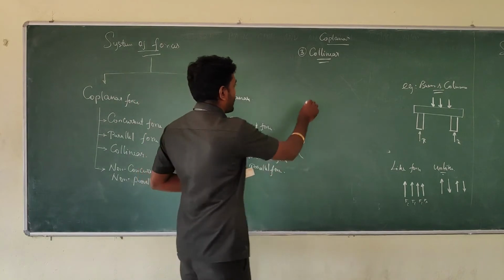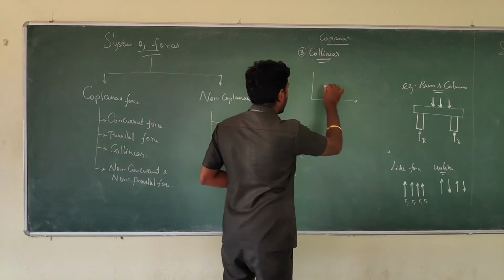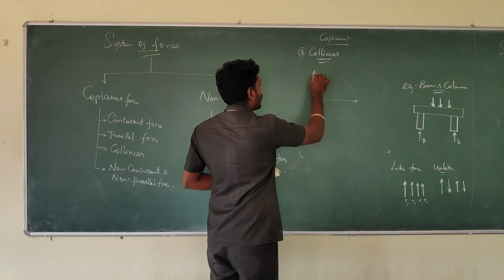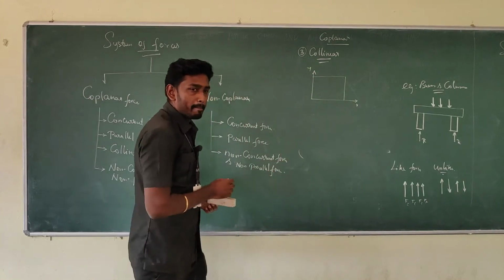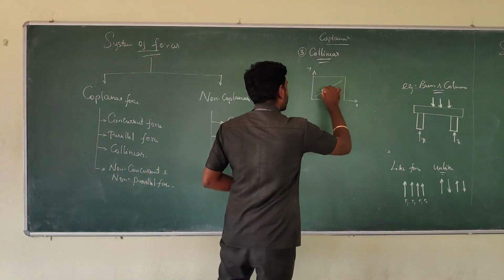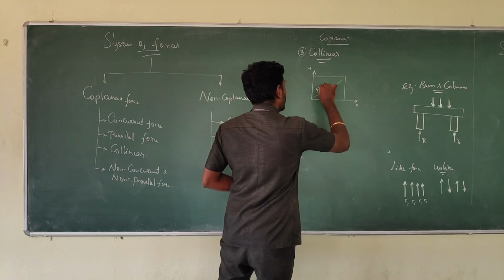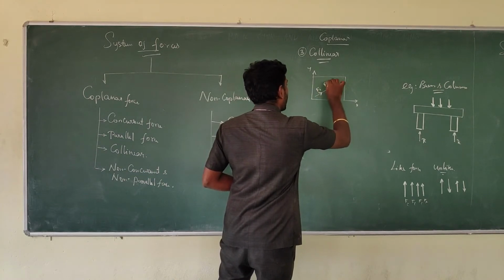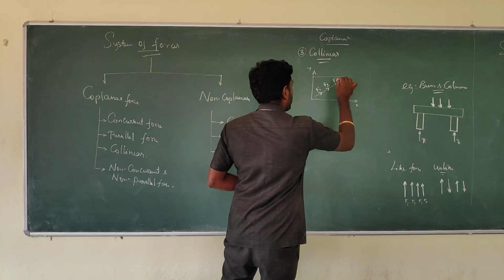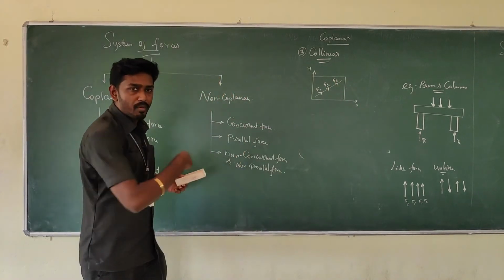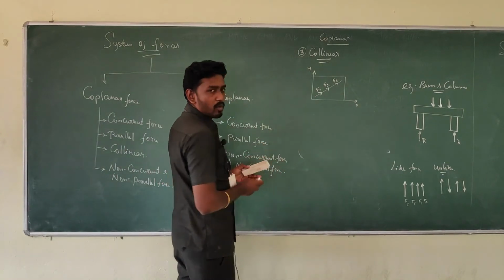If I show the diagram, something like this, a single plane, all the forces F1, F2, F3 are passing in the same line.